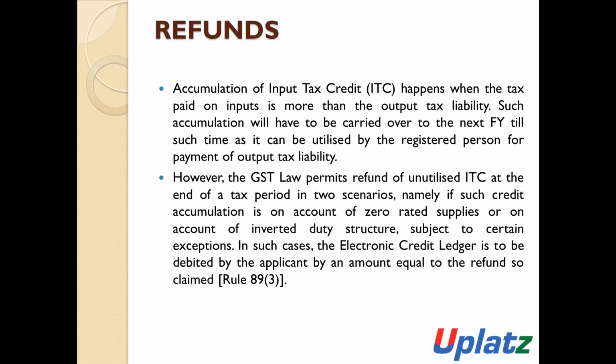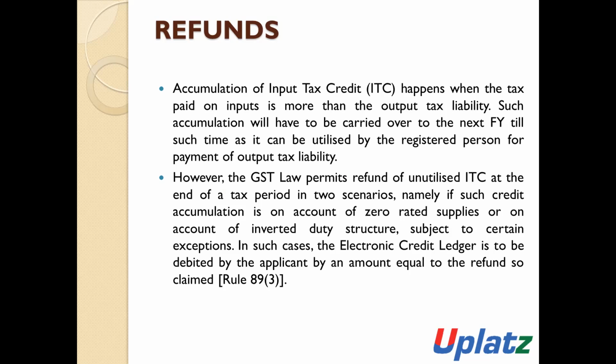After purchasing, he supplies such goods to Mr. Mohan and charges the amount of GST to Mr. Mohan, meaning output tax liability. The amount of GST charged from Mohan is 10,000 only.